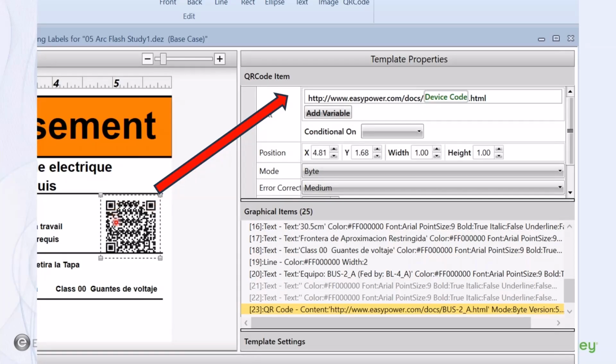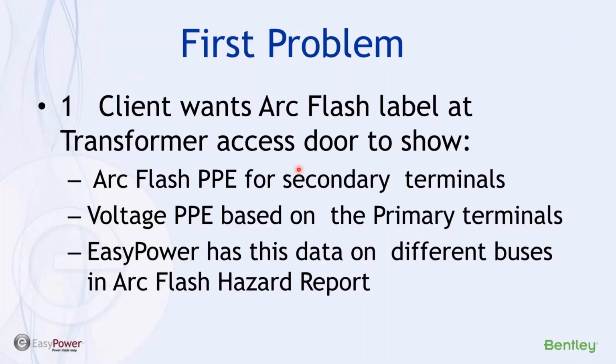So if you scan this code, this is the URL that will appear. And by using the device code in my one-line, I was able to generate a unique address both for the HTML location and for the place in my one-line. So device code is a very useful element, even though it's not a calculated value.